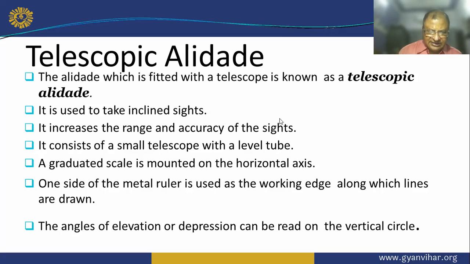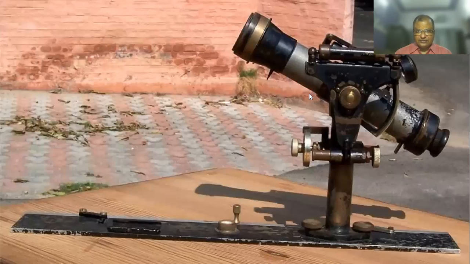The side of the metal ruler is used as the working edge along with the line to be drawn, and the angle of elevation or depression is read on the vertical circle. This is the telescopic alidade.